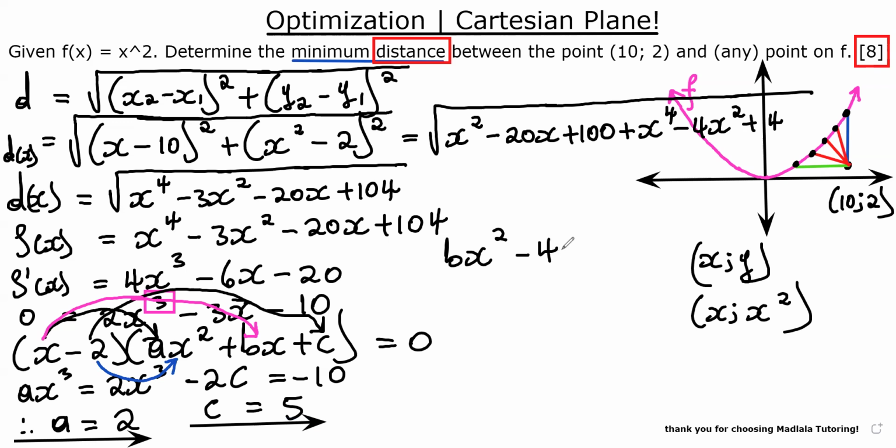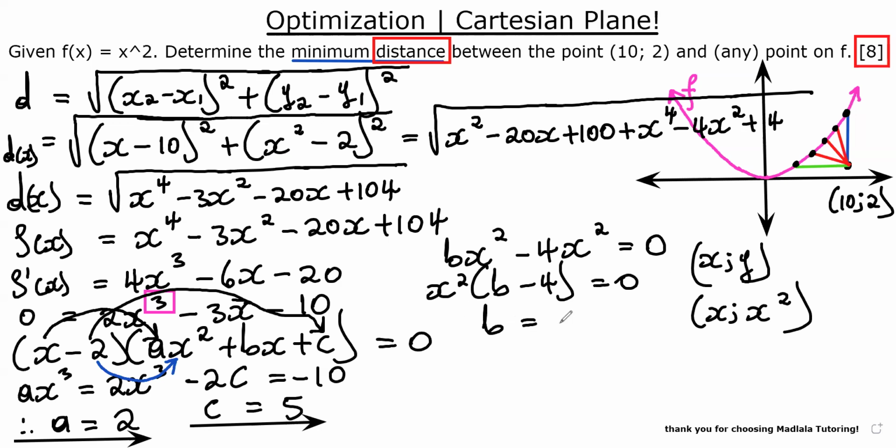Well, it's negative 4, and then you say x squared. And if you look at your cubic equation, you don't really have a term that has a square, right? So you equate this to 0. And then you take your x squared out. So it means the value of b has to be equal to 4.